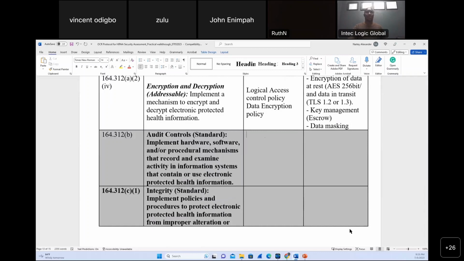Audit control, right? Audit control has come here again. So we have logical access control policy and audit control policy. It's very, very important, audit control policy. So here, what do you want to see? You want to see how often systems or application logs are checked, right?